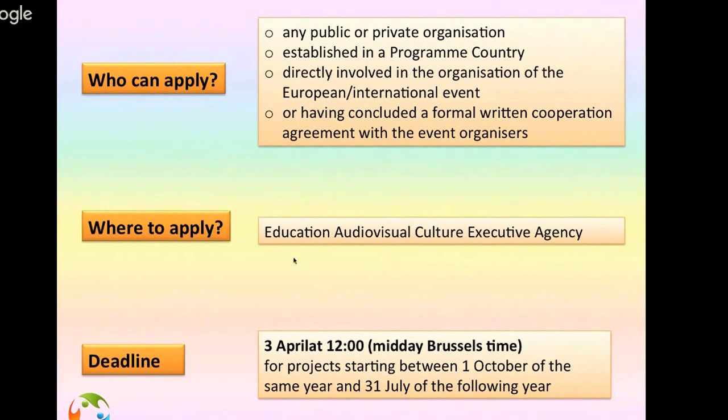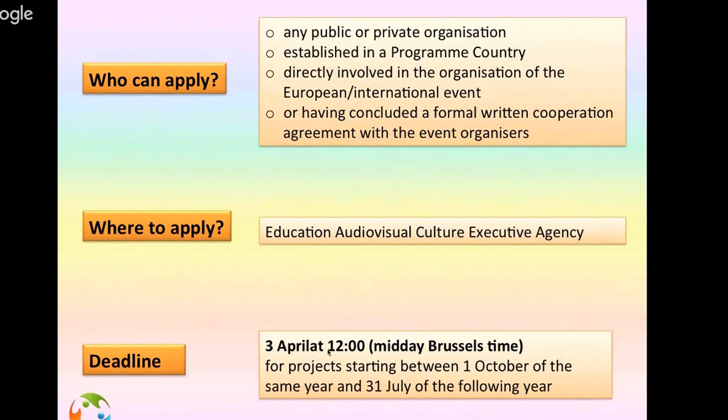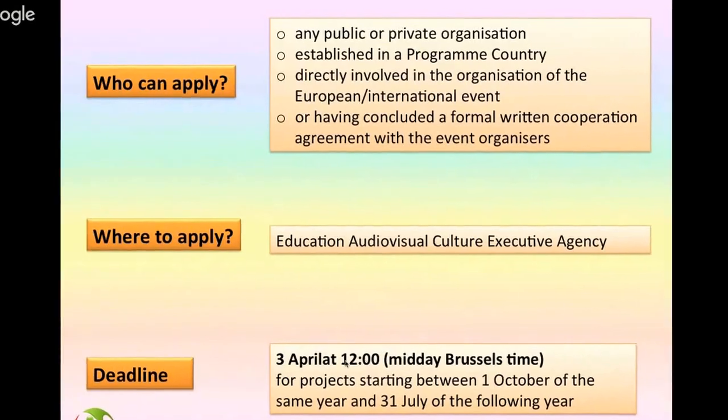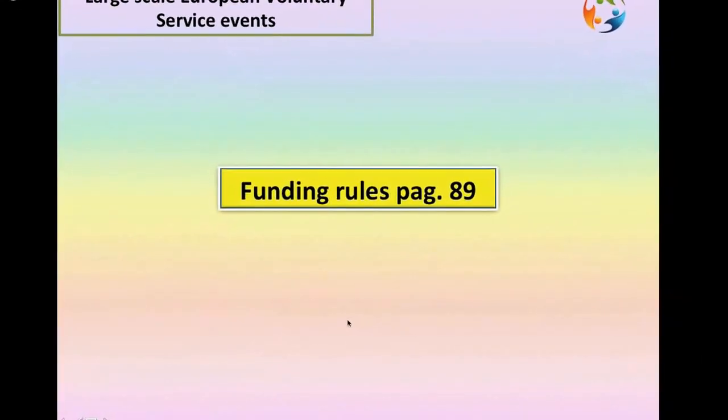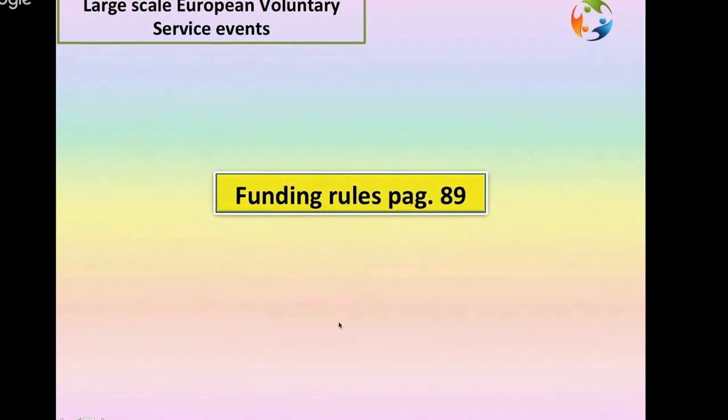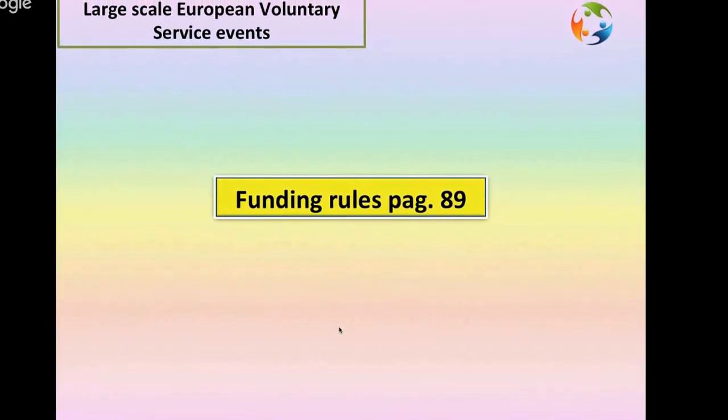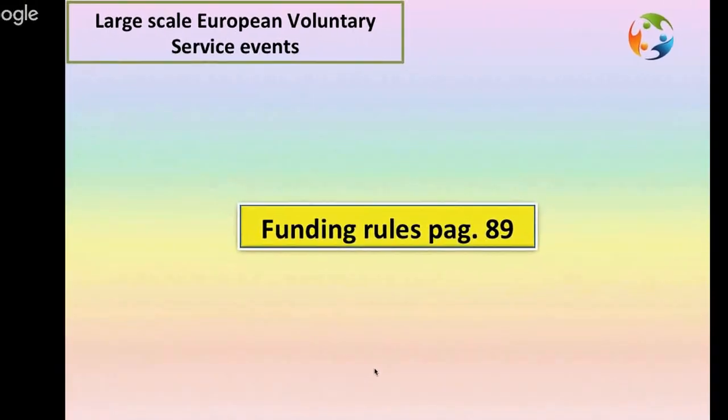Where to apply, in this case only to the Education, Audiovisual and Culture Executive Agency, and the deadline is the 1st of April, always at midday of the same year. The funding rules are shown on page 89 of the user guide.